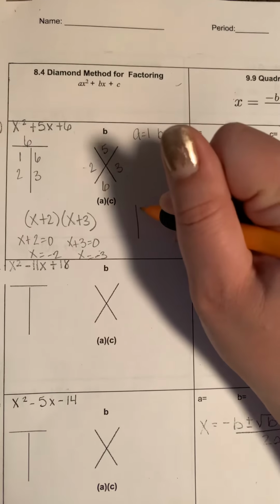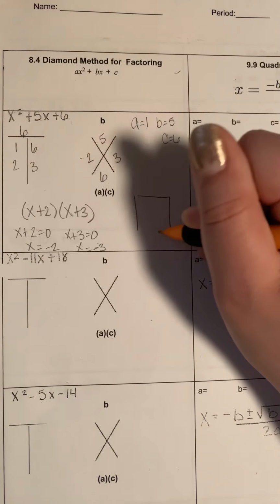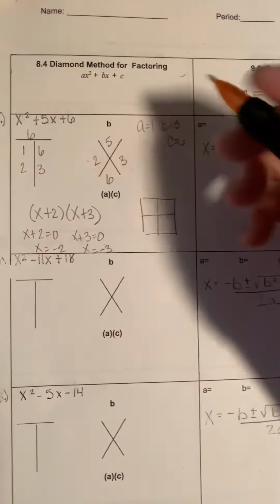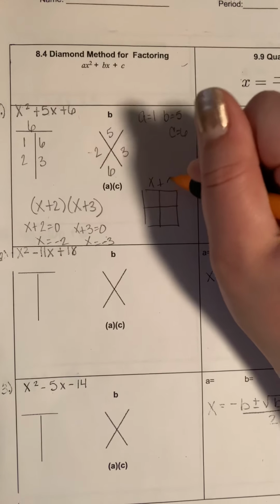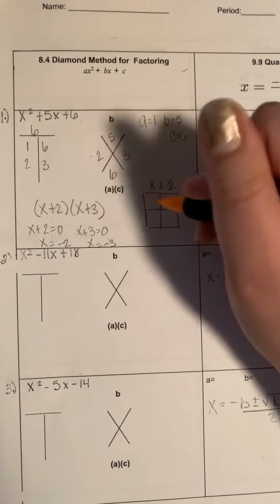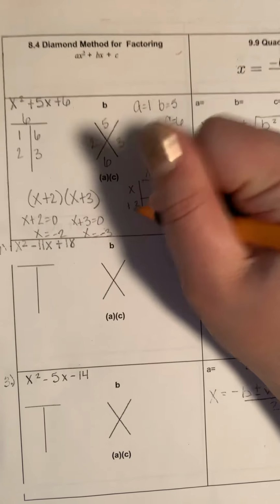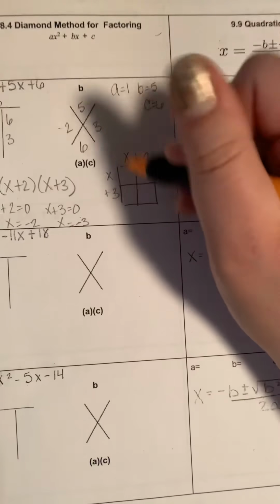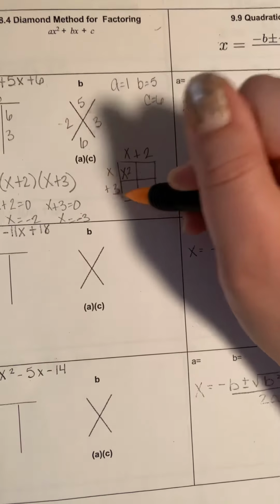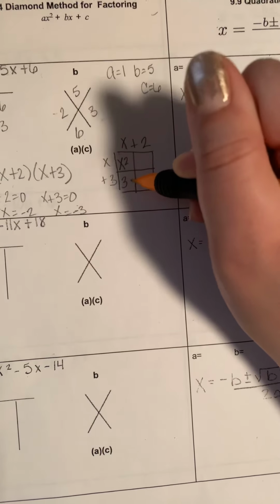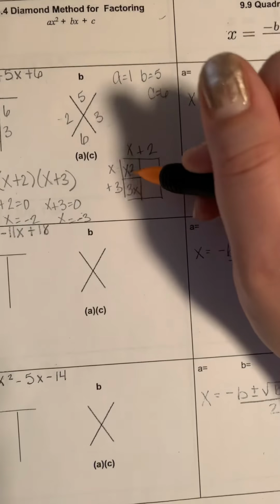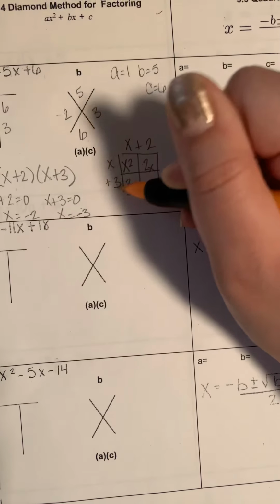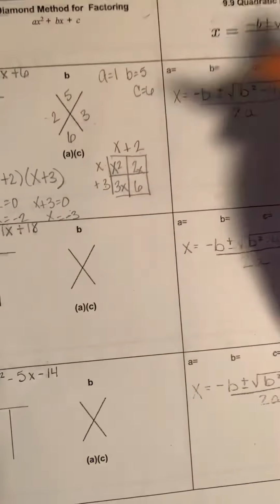So if we set up our box and put one of our factors on the top, x plus 2, one of our factors along the side, x plus 3, x times x gives me x squared. 3 times x, 3x, x times 2, 2x, and 3 times 2, 6.